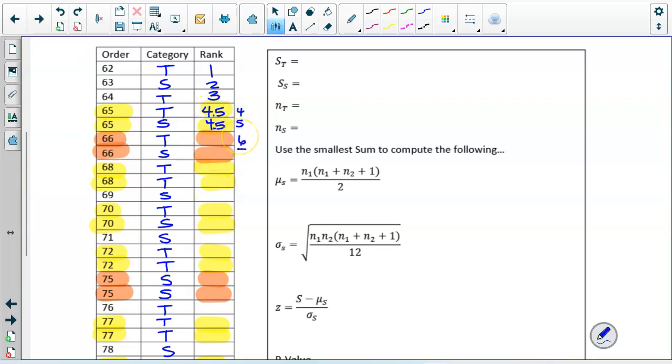So this would be 6 and 7, which means these have a rank of 6.5. And then these would be 8 and 9, so 8.5. This one's 10, 11, 12, so 11.5. 13, 14, 15, so 14.5.